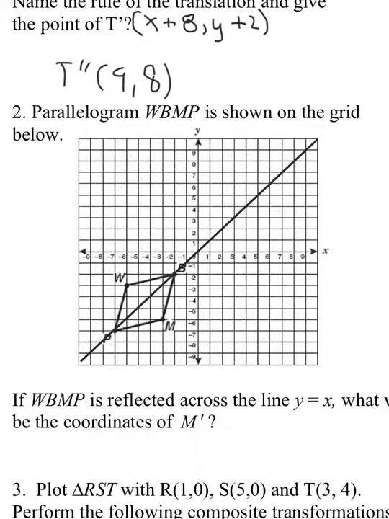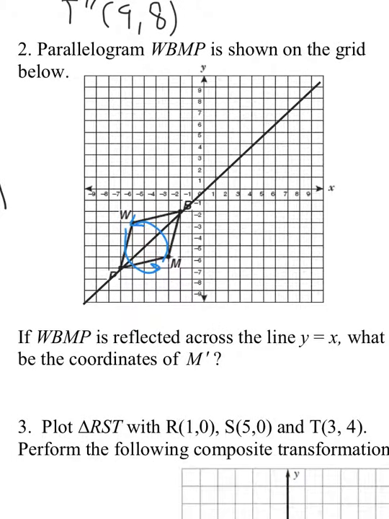So when this reflects, basically what you're going to see is this flip over there and that flip over there. Okay? So M prime is going to wind up where W was, which is at (-6, -3).